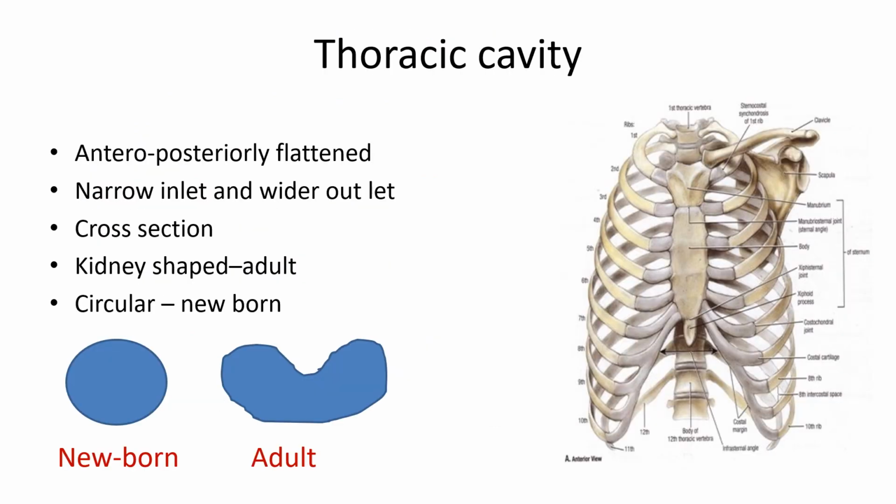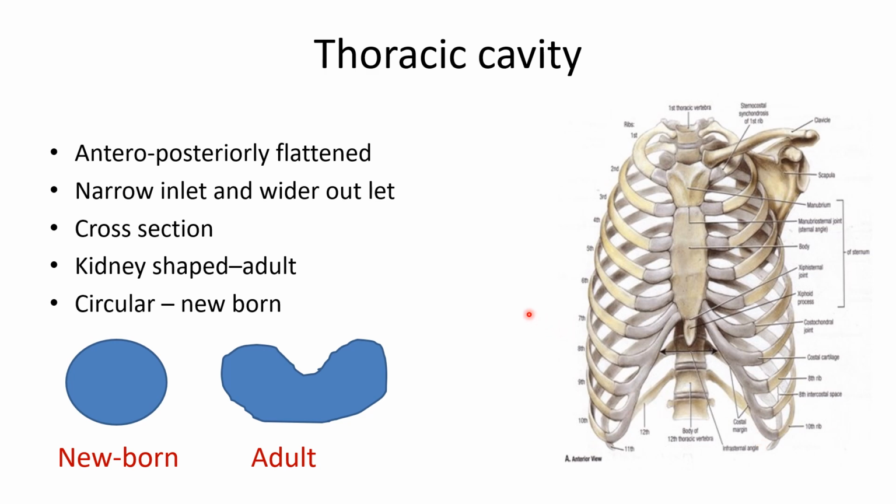Now let us see what this thoracic cavity is. It is flattened anteroposteriorly. It has a narrow inlet and a wider outlet.